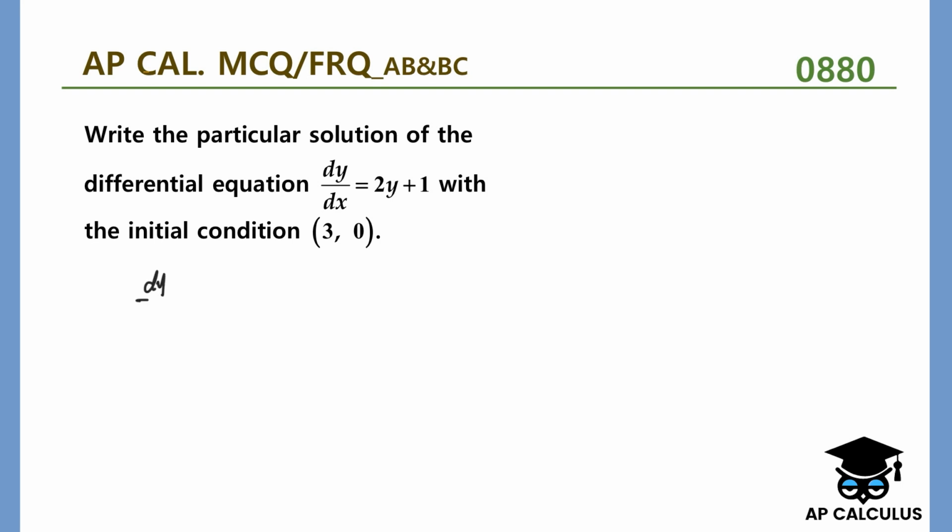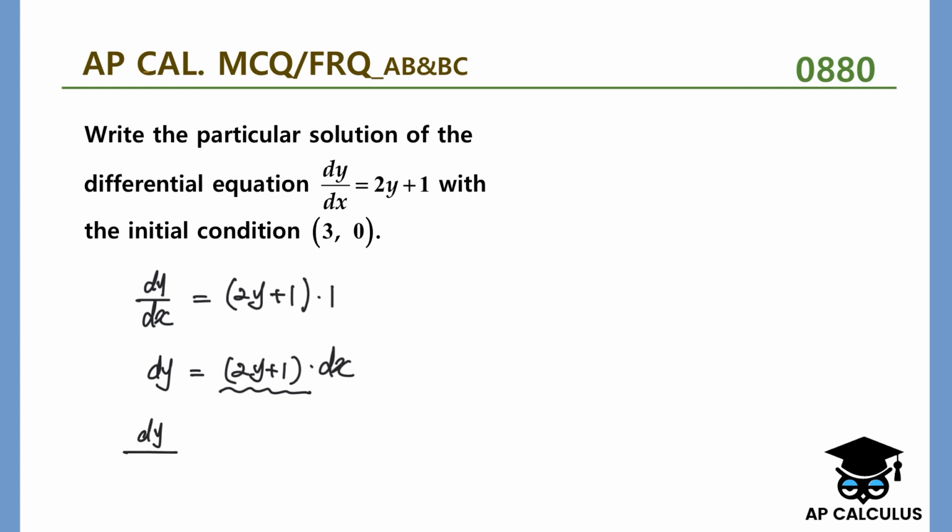Since we have dy over dx is equal to 2y plus 1, we're going to multiply dx to each side. Then that's going to be dy is equal to 2y plus 1 times dx. And move this term to the left side. Then that's going to be dy over 2y plus 1 is equal to dx, right?